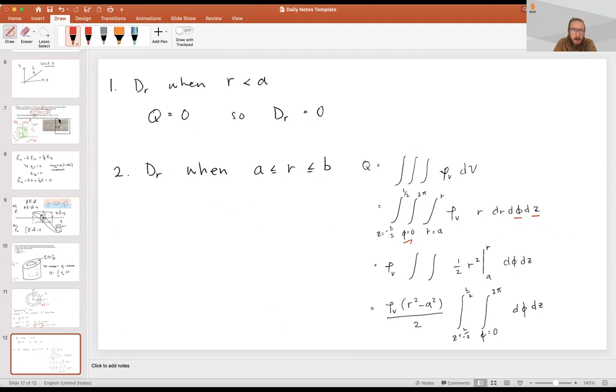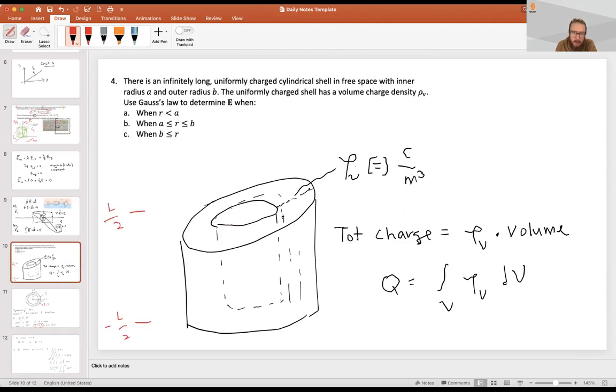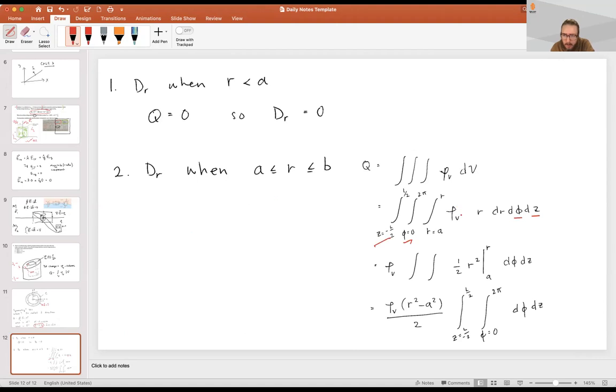But for the r limits, we are somewhere between here, which is a, and here, which is b. So if I want to find the electric field here, we'll just say that this is at some point r, and r is a variable. So we'll integrate up to a variable point.